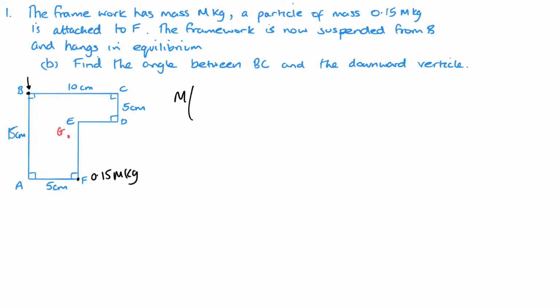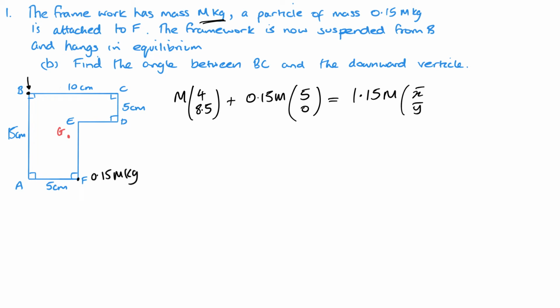So our overall shape is m kilograms, and the original centre of mass is 4 across, 8.5 up. The 0.15 m, that's attached to F, so that's 5 across, 0 up, and that's going to equal 1.15 m, and x bar, y bar are the new values we want to find.